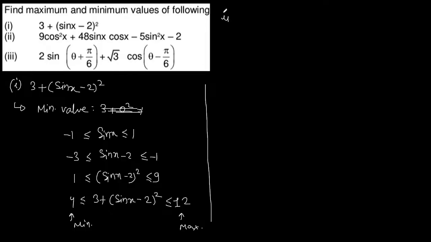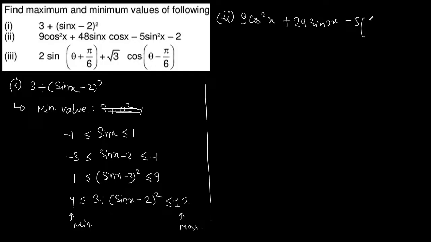Second number, we have 9 cos square x plus 24 sin 2x. If you see, it is sin 2x, and here it is 5.